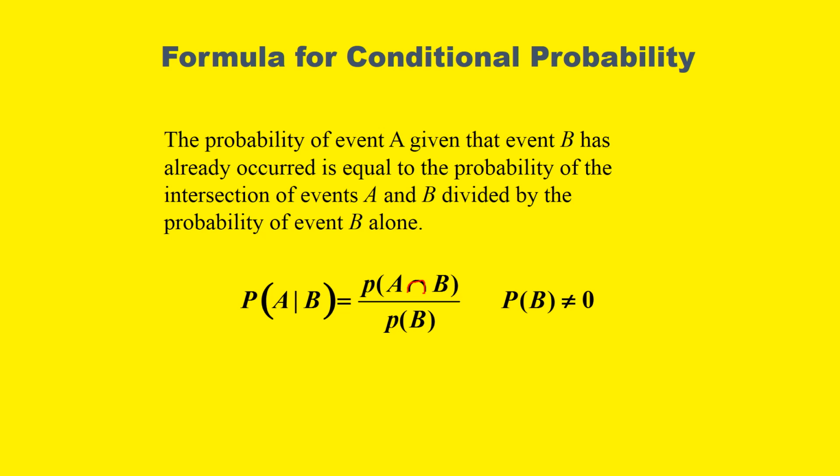And that's the formula for conditional probability. We're going to see other forms of it, but you have to understand that. Where, of course, the probability of B is not equal to 0.